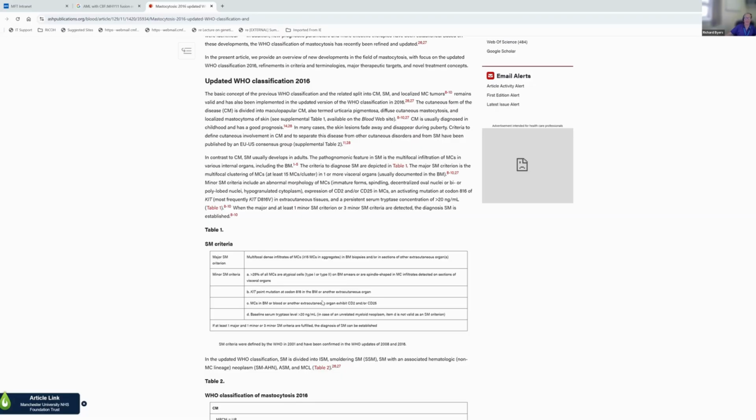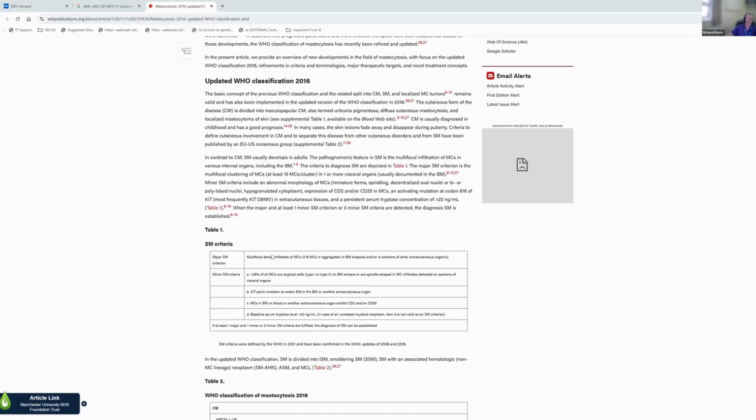So this case, even though the patient has cutaneous mastocytosis and an increased number of abnormal atypical mast cells in the bone marrow, still didn't fulfill the criteria for systemic mastocytosis. So we reported it as showing an increased number of mast cells, but insufficient for a diagnosis of systemic mastocytosis.